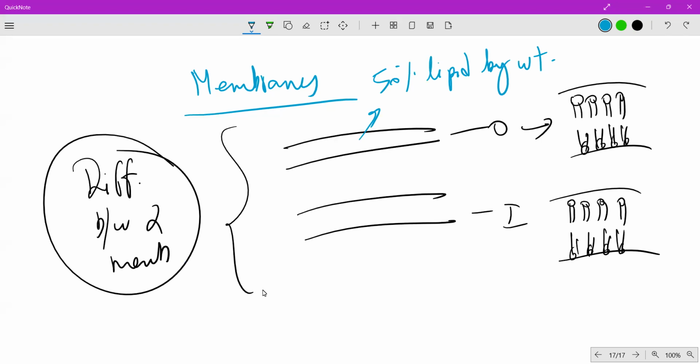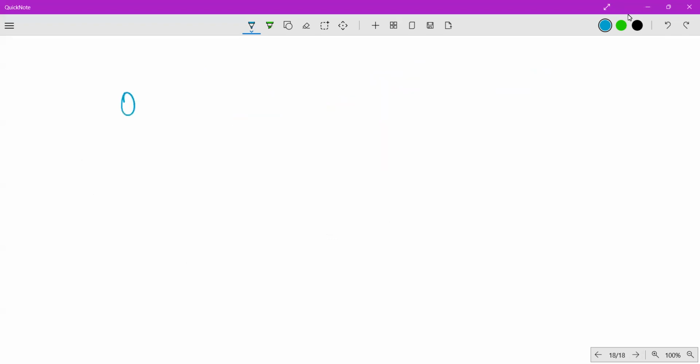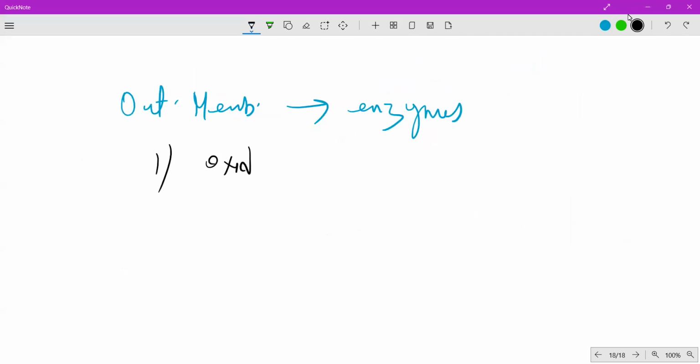Not only this, this outer membrane also contains various enzymes. Which enzymes? For example, the outer membrane has enzymes which are involved in oxidation of epinephrine.